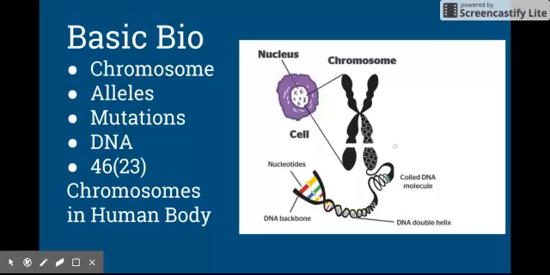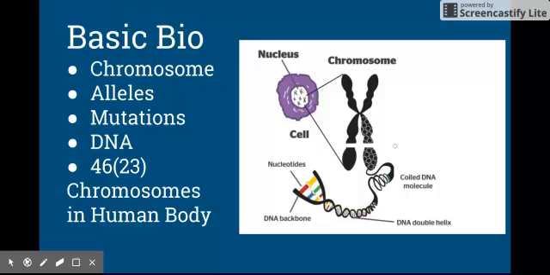Our biological term for alleles is possible alternative forms of genes that arise from mutation within the genetic code. So that would be like a light skin allele and a dark skin allele. Then we'll talk about mutations.